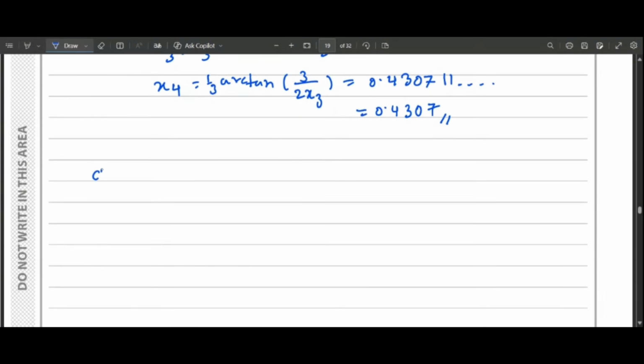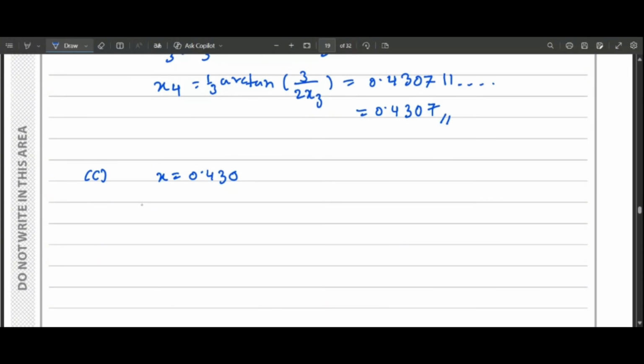Now, if we want to keep our solution 0.430 correct up to 3 decimal places, we have to find out the upper and lower bounds for which the value, when rounded, will equal 0.430 up to 3 decimal places.